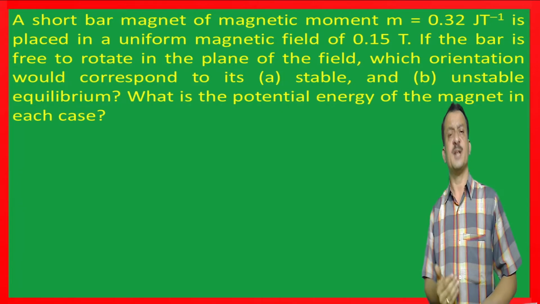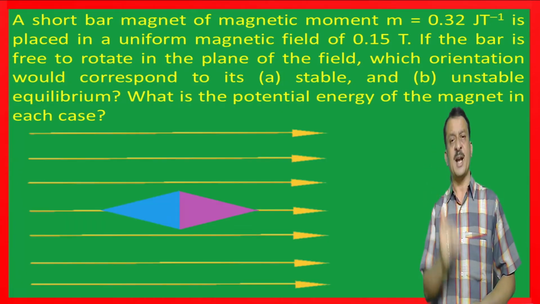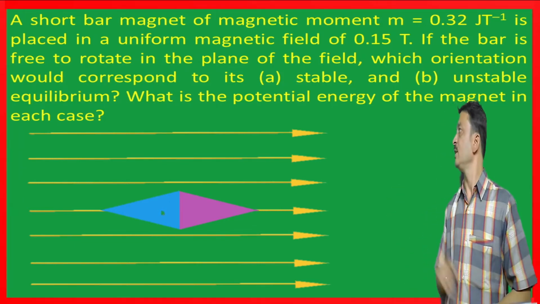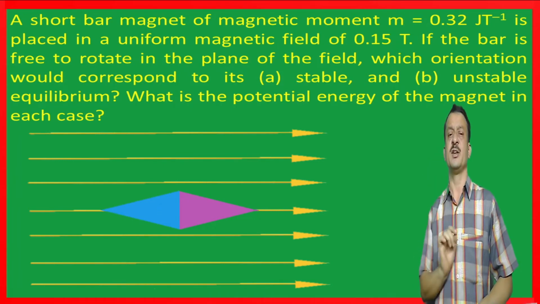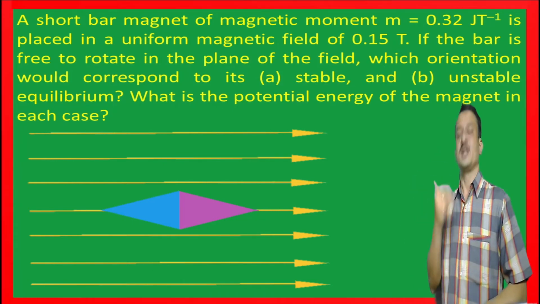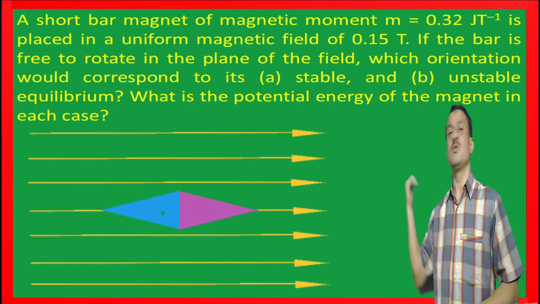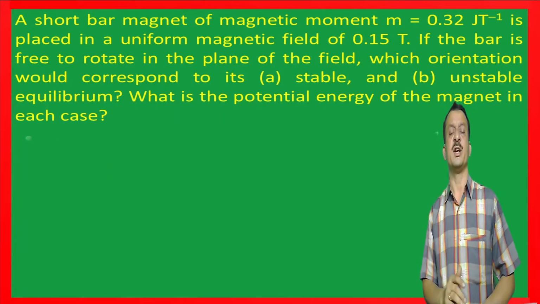We are already familiar that a bar magnet is in a stable state if the magnetic moment direction is along the field direction, that is theta is equal to 0. Now at that position, we are going to work out the potential energy and the orientation. Orientation we are already familiar, theta is equal to 0 degrees.